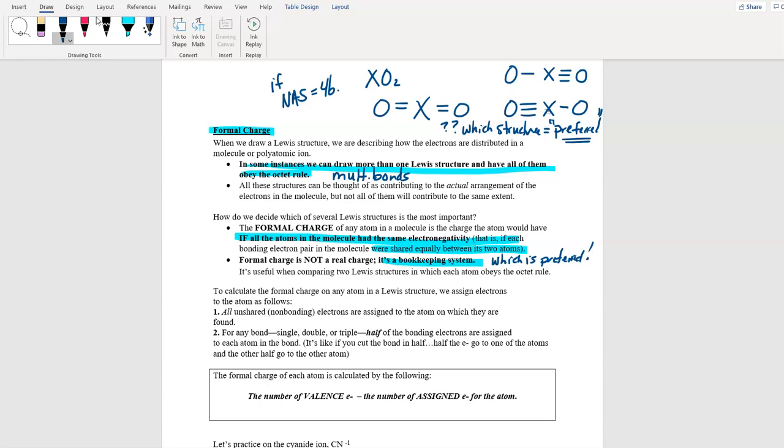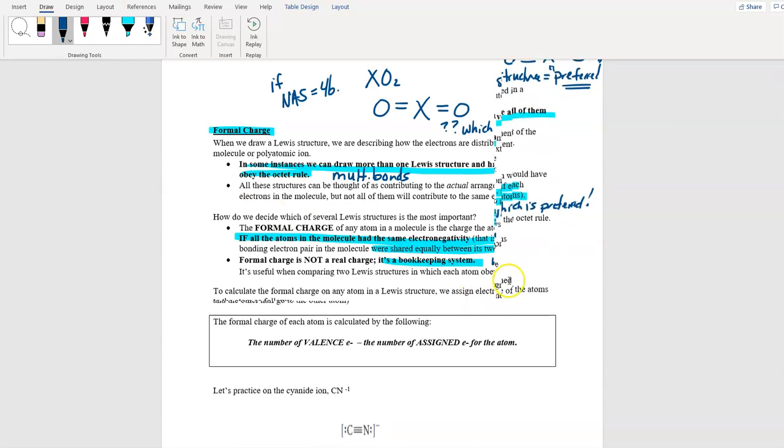So to calculate this, because I want to show you how it's calculated, all unshared non-bonding electrons are assigned to the atom. So we're talking right here non-bonding. We're talking about the lone pairs. All unshared electrons, aka the lone pairs, are assigned to only that atom.